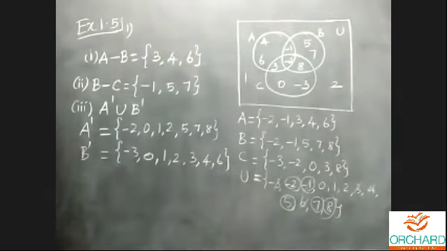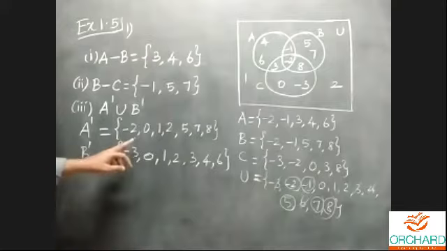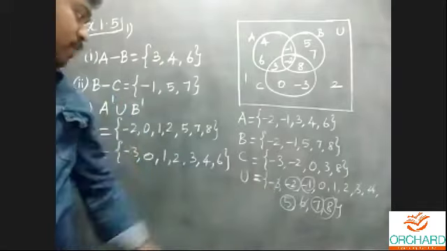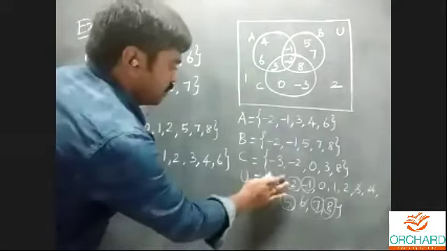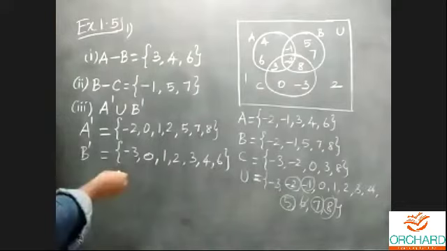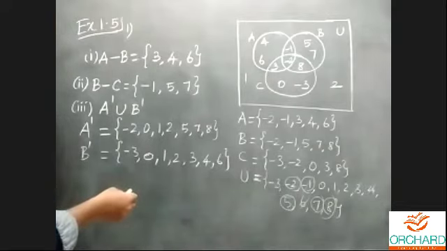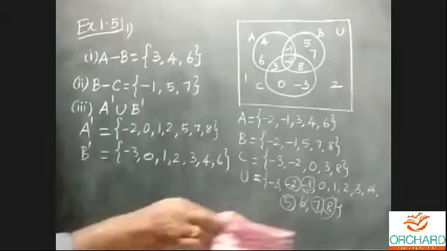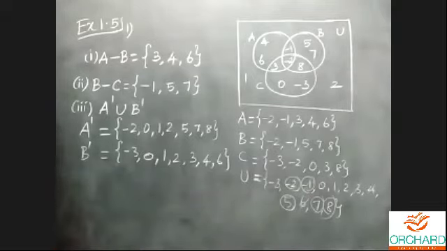I missed that -3 for set A. The elements of set A: -3, -1, 3, 4, 6.